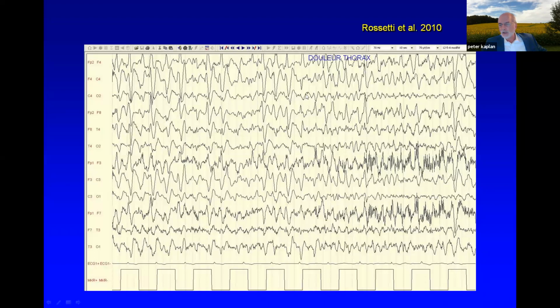So if you have a relatively normal image and you have these intervening activity and you have brainstem reflexes present, and here's a bit of an alpha, then this actually can have a normal outcome. So 5 out of 200 patients had this sort of pattern, and they stuck with it, and the patient did well.